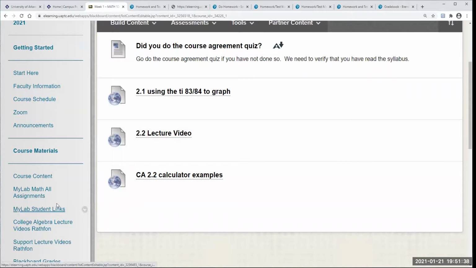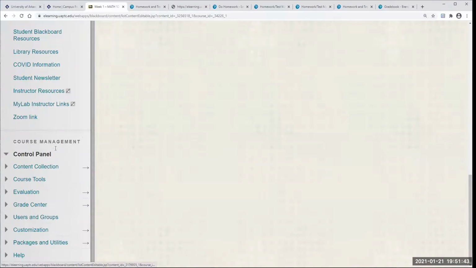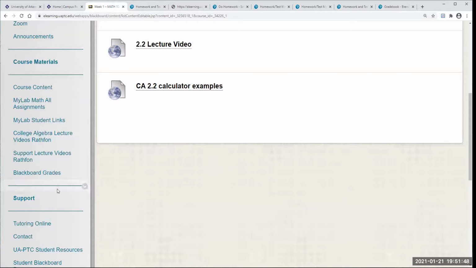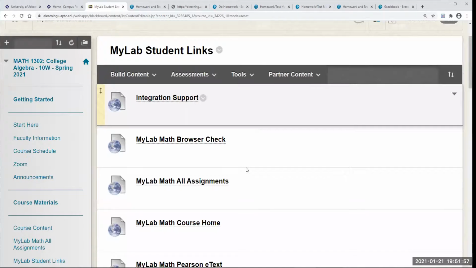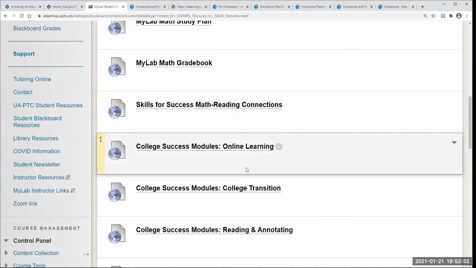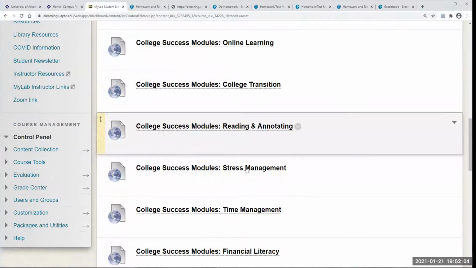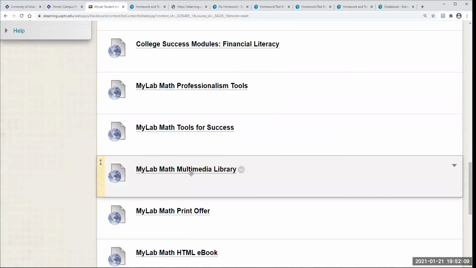There's also another one. Let me find the other one. I think it's on your links. Here it is, my student link. And down here at the very bottom, it's a multimedia library. Okay. Click on that.